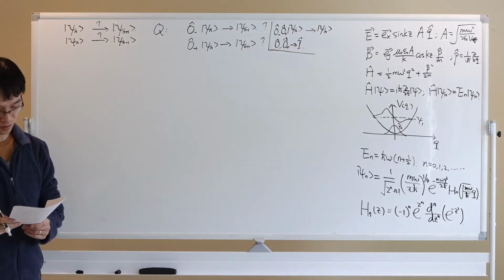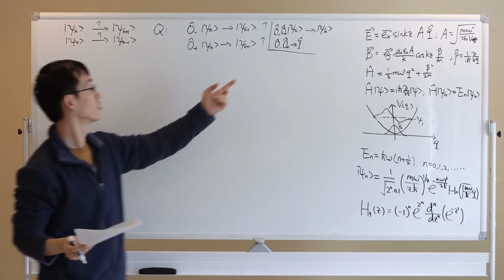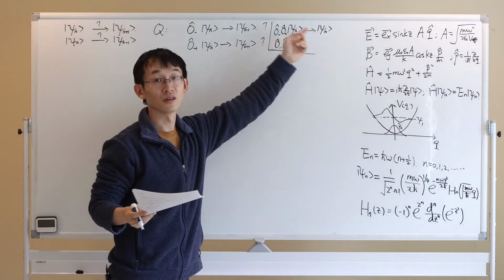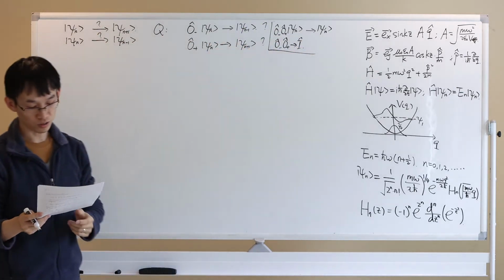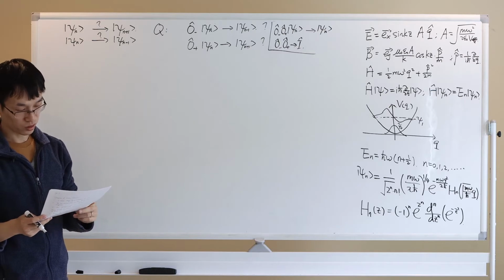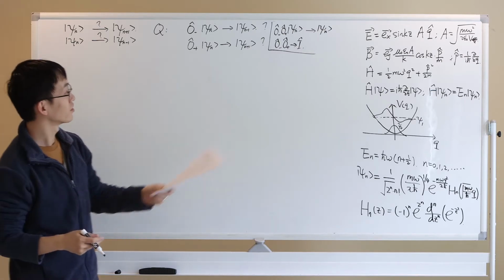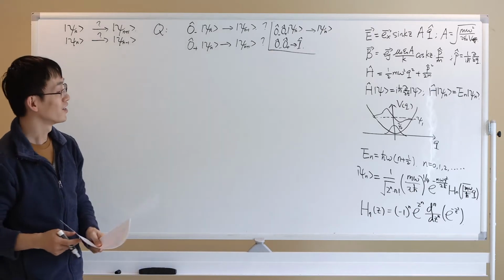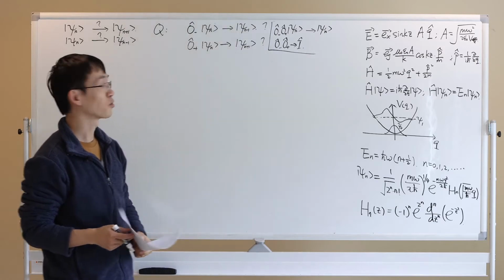If you multiply them together, it seems that it's just a number applying to your wave function that doesn't really change your wave function. So because of that, if you think about it in linear algebra, what type of operator can do this?